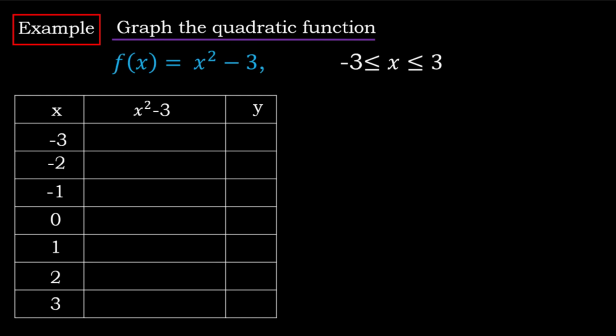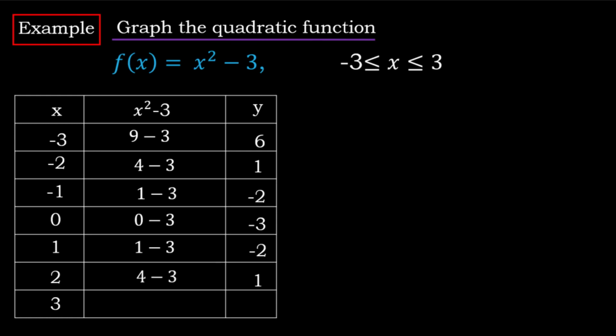Okay, we can find its function values. F of -3 will be 9 minus 3, which is 6. In the same way, we can find the other values of x.